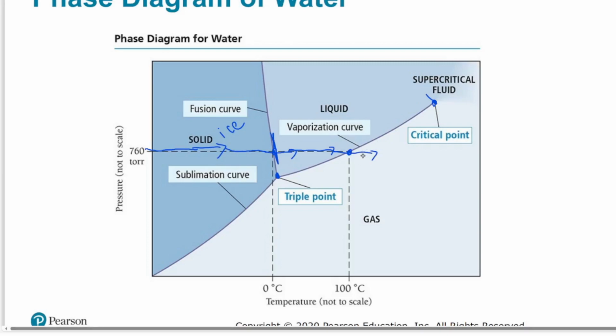As we increase the temperature above 100, then our water is all in the gas form. So if you know the pressure and the temperature at any point, you can determine what phase you will have for water from this curve.